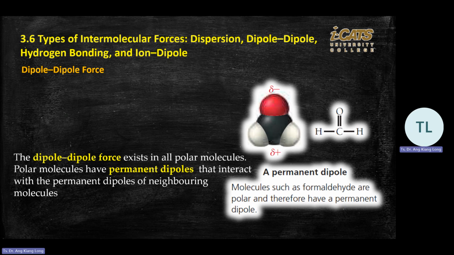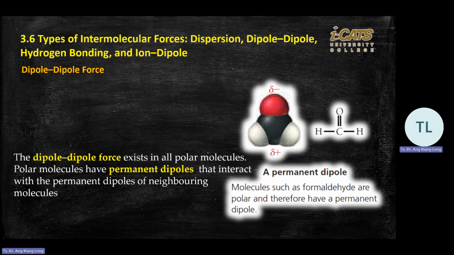Just now, the dispersion or London forces do not have a permanent dipole; they have an instantaneous dipole. But dipole forces have a permanent dipole that interacts with the permanent dipole of the neighboring molecule. The permanent dipole is the one you learned in chapter 1 or chapter 2, where you convert two dots to a line. That is dipole.